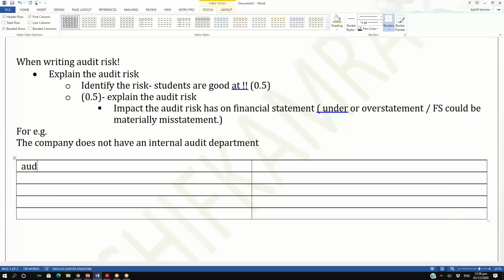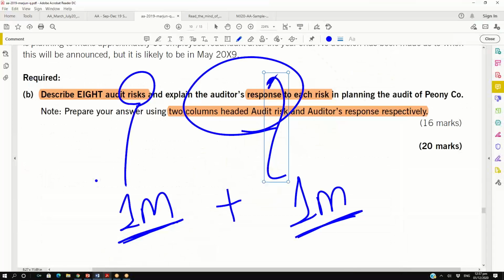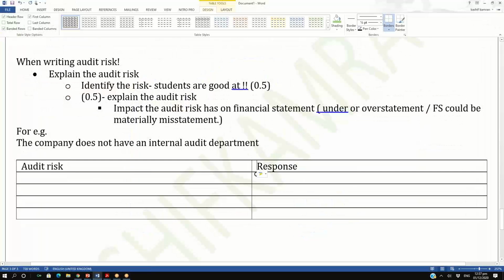In one column, I say audit risk, and in the other, the auditor's response. So I'll be writing my audit risk saying the company does not have an internal audit department.